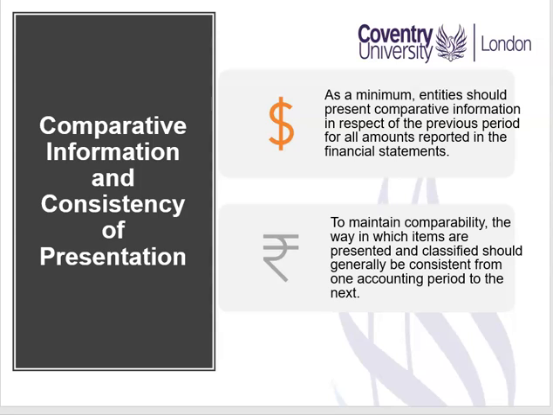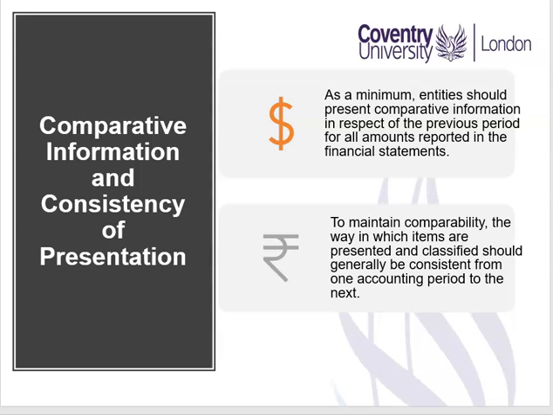Talking about comparative information and consistency of presentation. As a minimum, entities should present comparative information in respect of the previous period for all amounts reported in the financial statements.